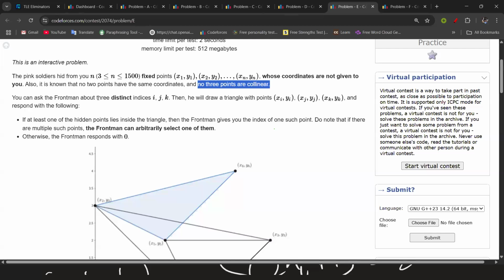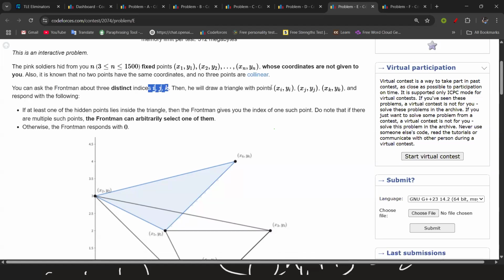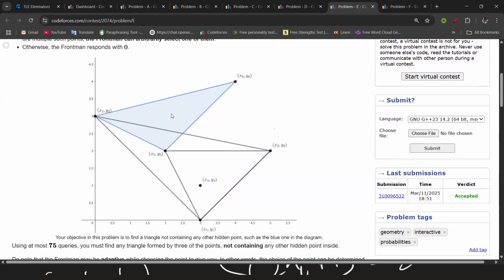Now, you can ask the Frontman about three distinct indices I, J, K. Then he will draw a triangle with the points at index I, J, and K, and he would respond if at least one of the hidden points lies inside the triangle.